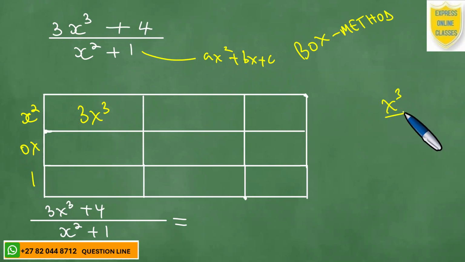Dividing 3x cubed by x squared, just looking at the leading terms, the result is an x, meaning this is of the form ax plus b, or mx plus c.